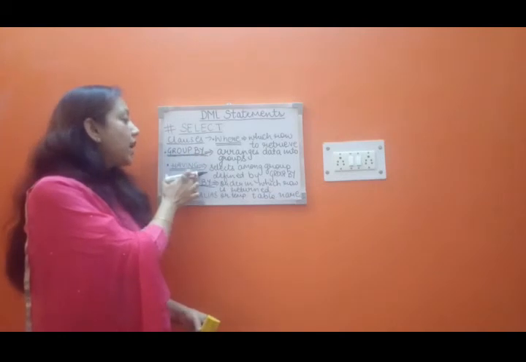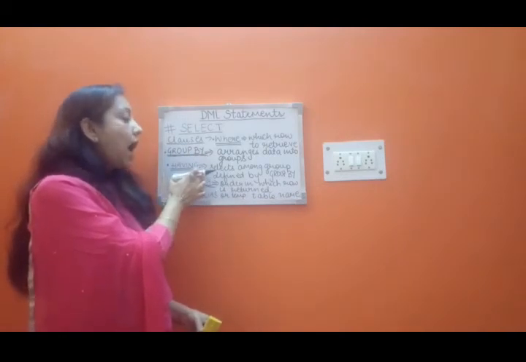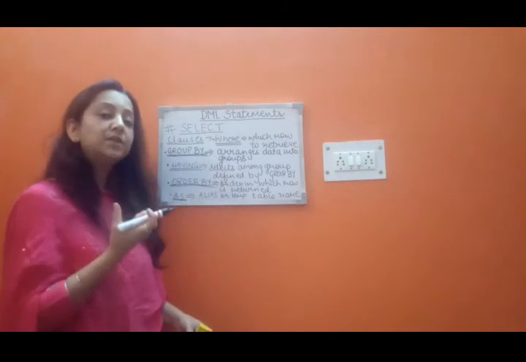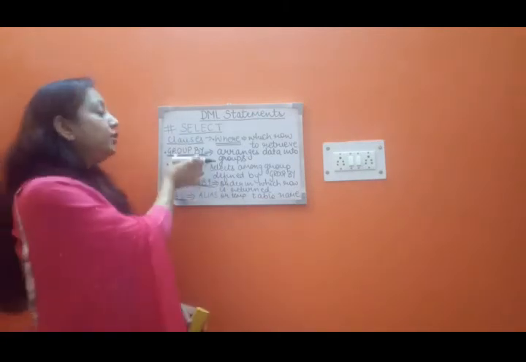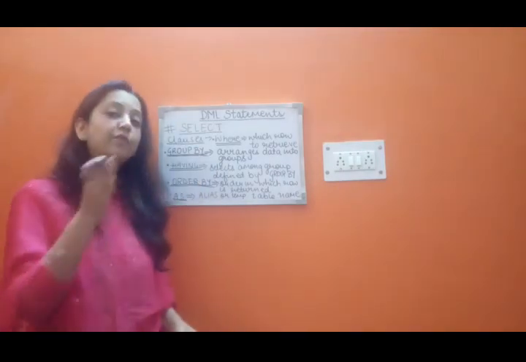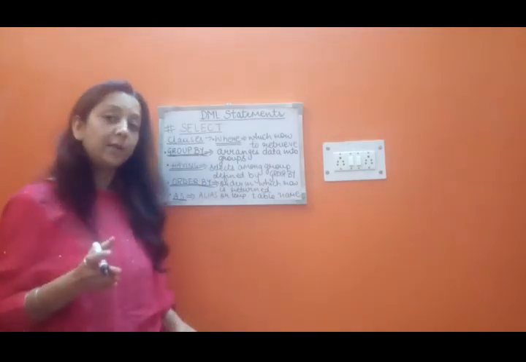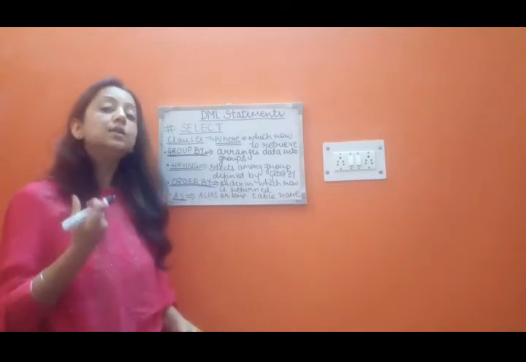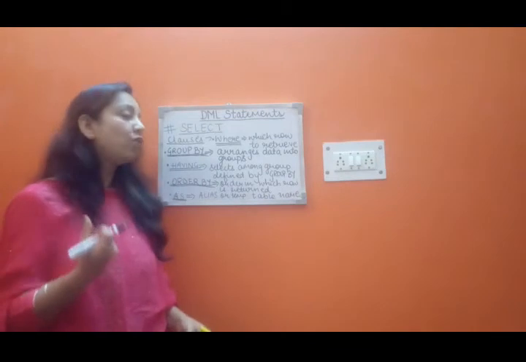Next is your having clause. Having clause basically selects among the groups that have been formed or defined using the group by clause. Using the group by clause, you have grouped the data inside the database. Now among those groups, there are certain conditions on the basis of which you want to view records.